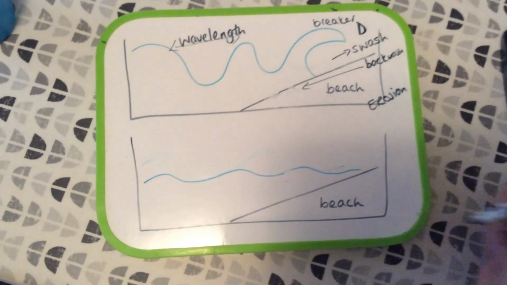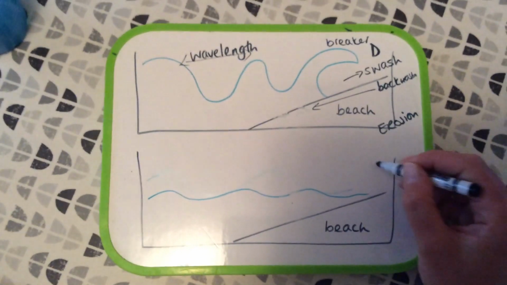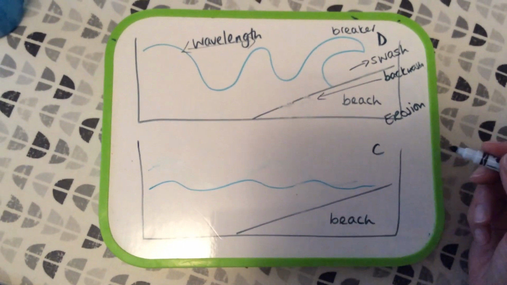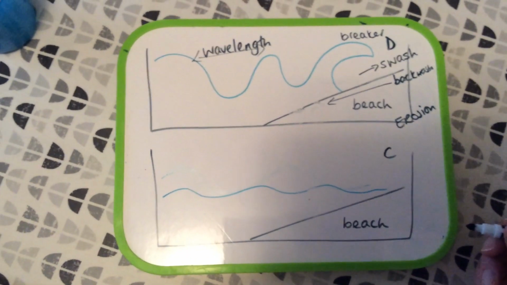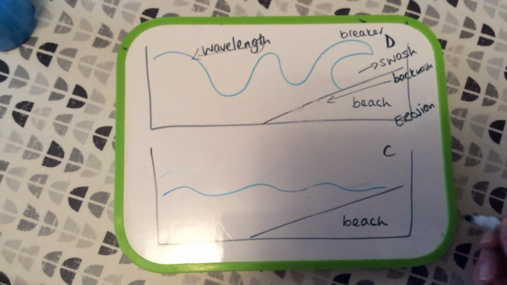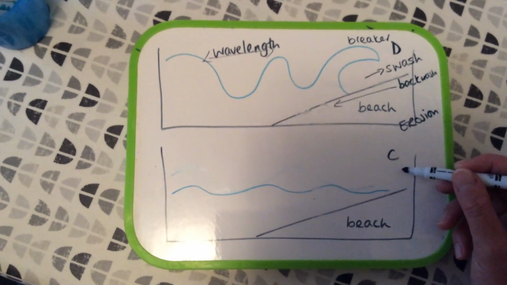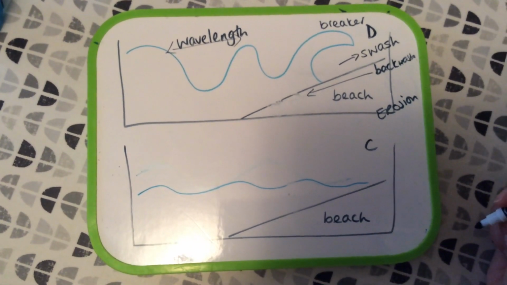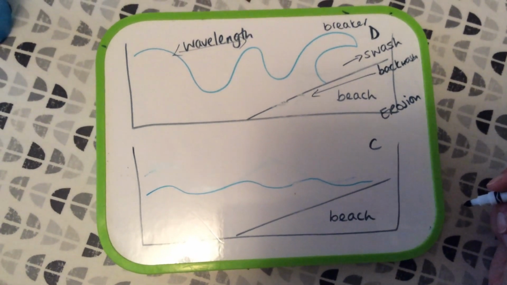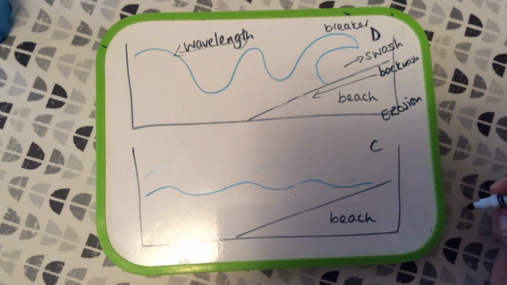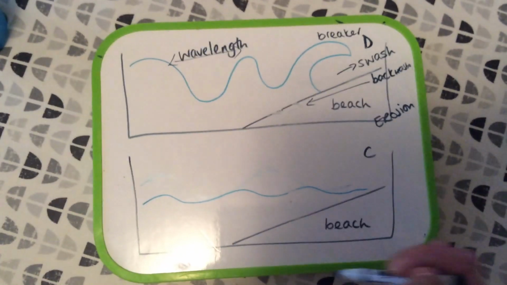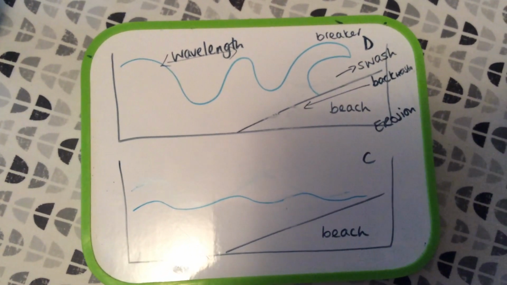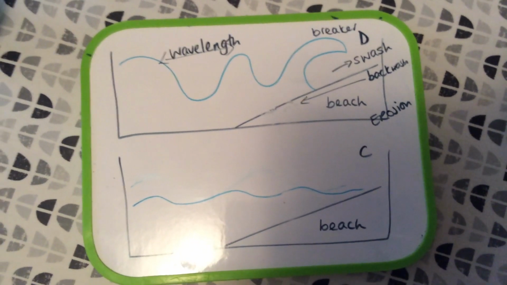Okay, this one at the bottom is a constructive wave. Okay, much less powerful, tends actually to cause the beach to build up. Constructive builds, constructs, it adds to the beach. Beach builds up. And it's got a much lower wave height, a longer wavelength, so fewer waves per minute if you were going to stand at the coast and count them.